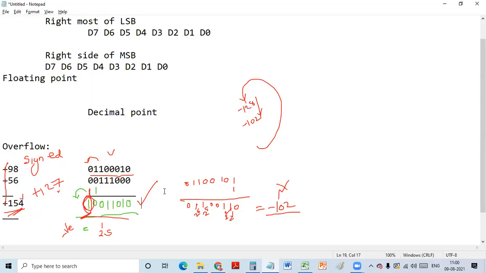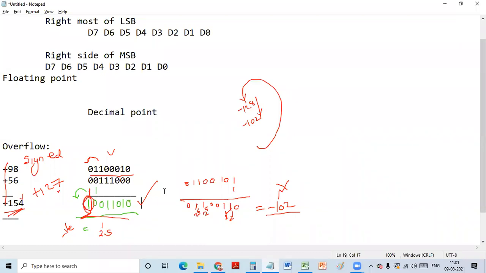Okay. If I treat my numbers as signed, then based on the most significant bit, you have to decide. You complement and get the result, and in that way you need to decide whether the result is correct or not. Okay. So this is what is called overflow.